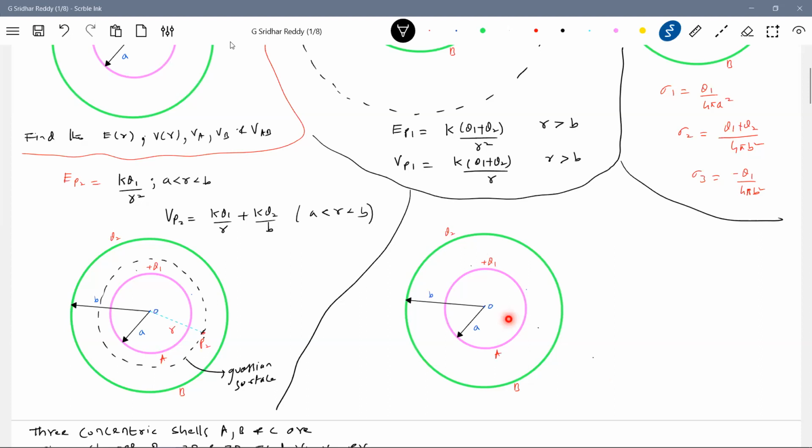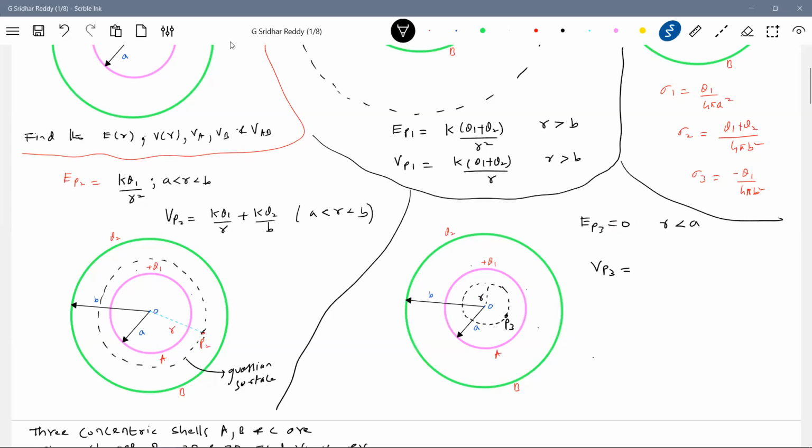The point will go inside the shell A, at point P3. Shall I write 0? Strictly, what is R? R is less than A. What about potential at point P3?